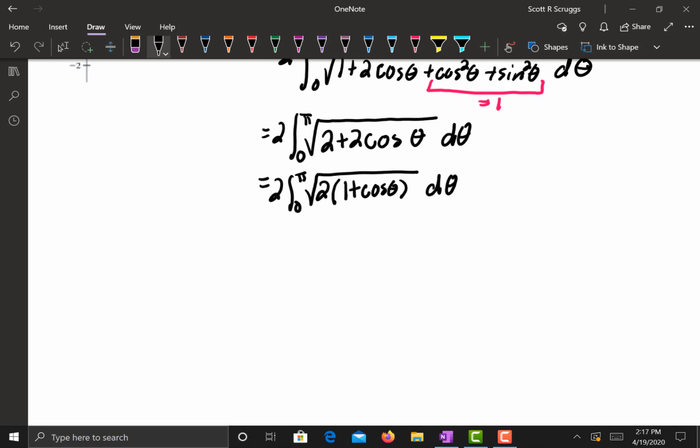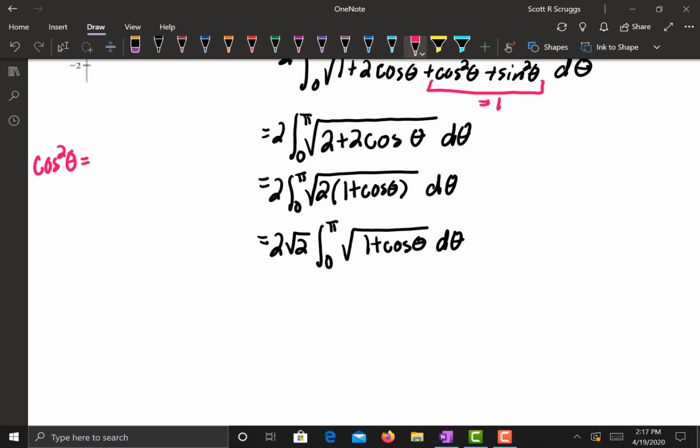Well, I can take that square root of 2 outside of the integral because it is a constant, and I'm left with 2 times the square root of 2 times the integral from 0 to pi of the square root of 1 plus cosine of theta d theta. And right now it looks like I don't win in this case, but I say we still do, because I can use my half angle identity to help me out.